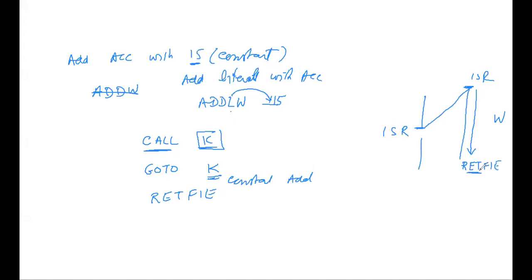This will return from the ISR, due to the interrupt that was called, back to the same program. And if it is a normal call to a subroutine, then you can use a simple RETURN.